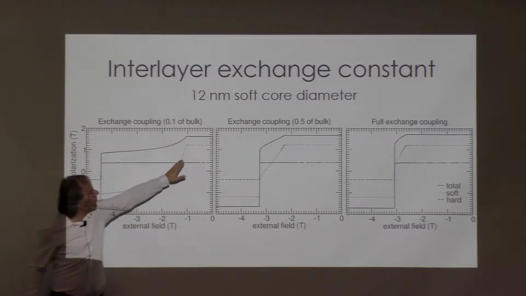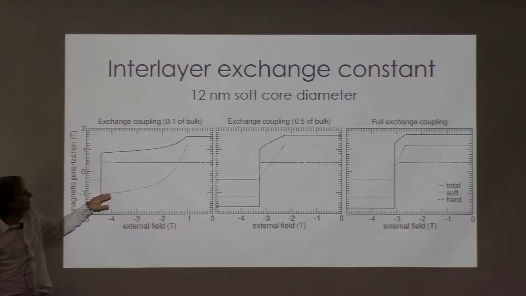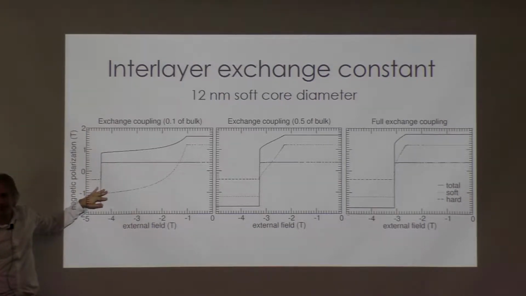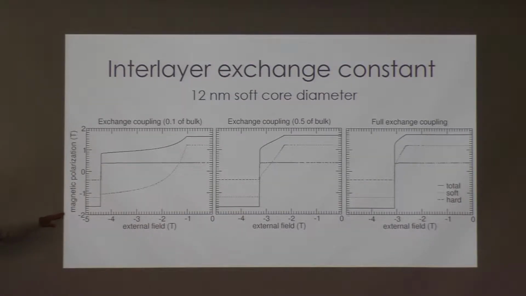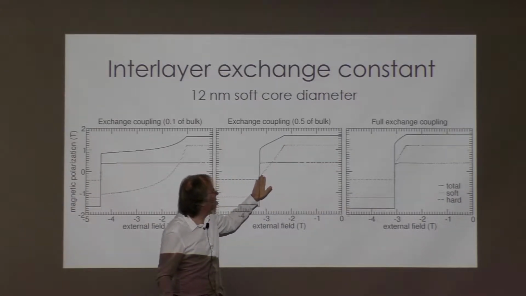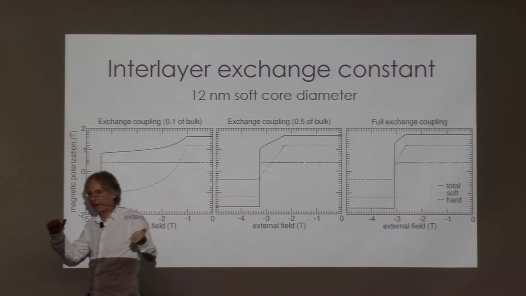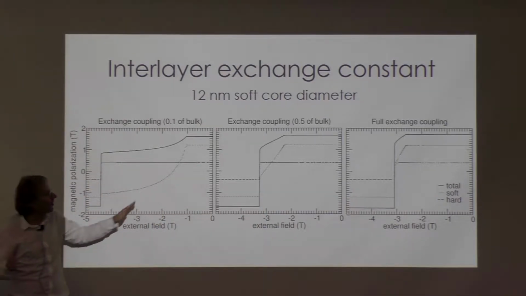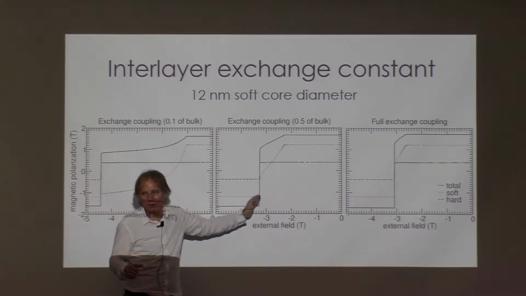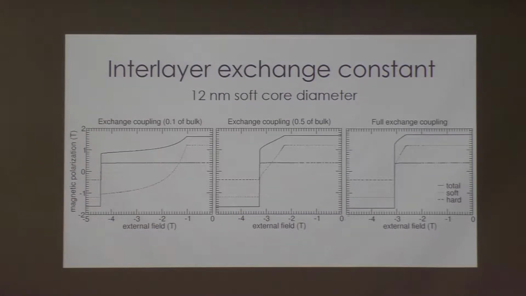Then we reverse the soft phase, and nothing happens during this reversal with the hard phase, and we get this hysteresis loop. Now, if we increase the strength of the coupling between the hard and the soft phase, we see the soft phase reversal, but because hard and soft phase are now more strongly coupled, the hard phase coercivity is also reduced.